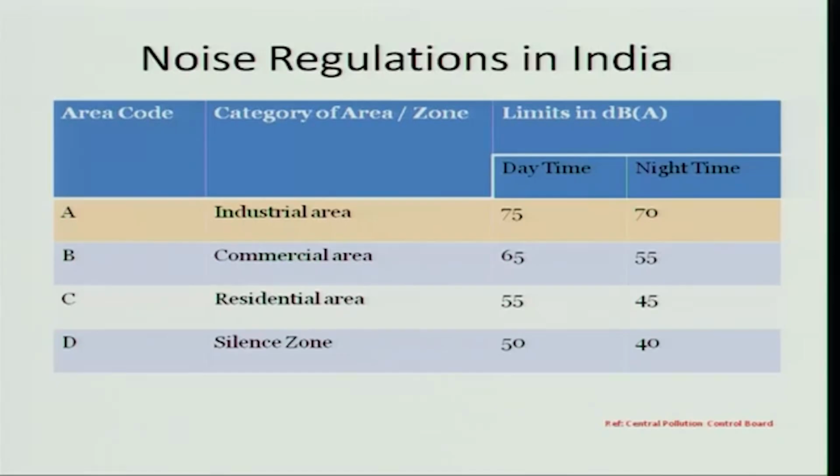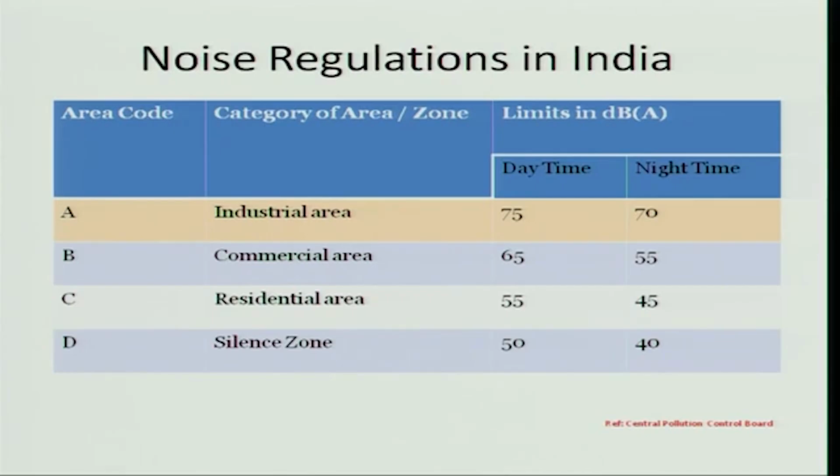And what you see on the screen right now is a very brief summary of different types of noise regulations in our country. The Central Pollution Control Board has classified the whole country into 4 different types of zones. Every area is either an industrial area, a commercial area, a residential area, or a silent zone. Silent zone would include places in the neighborhood of hospitals and things like that.